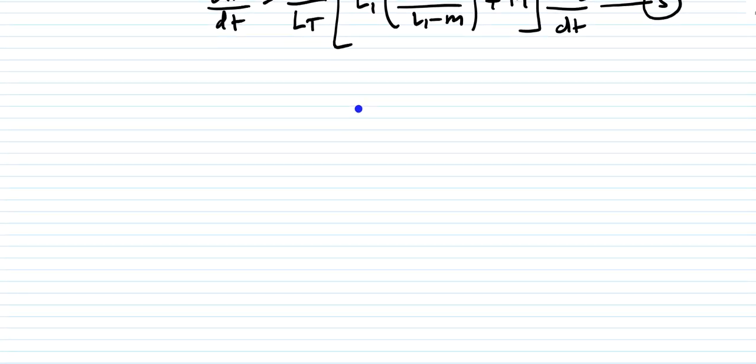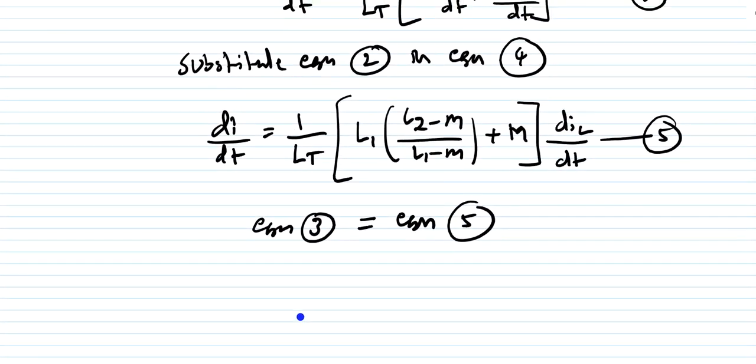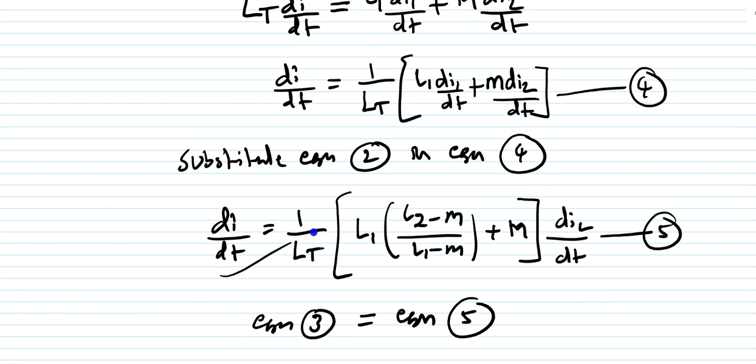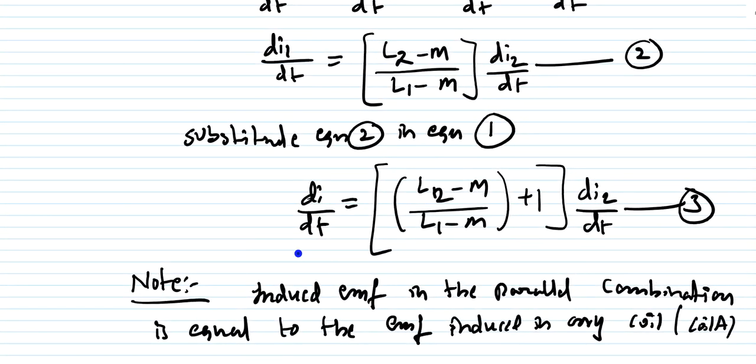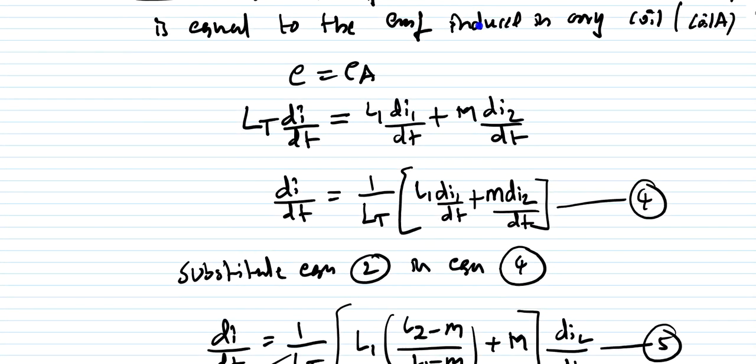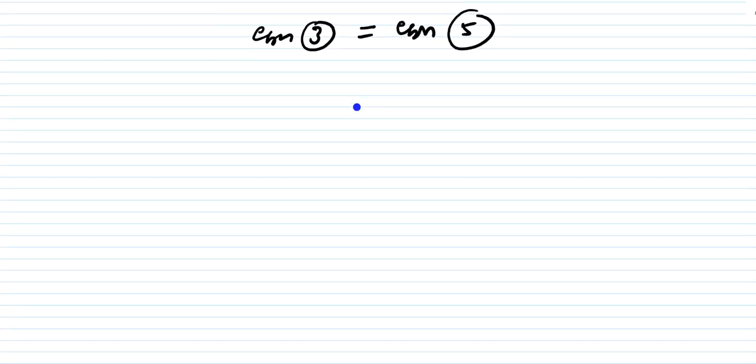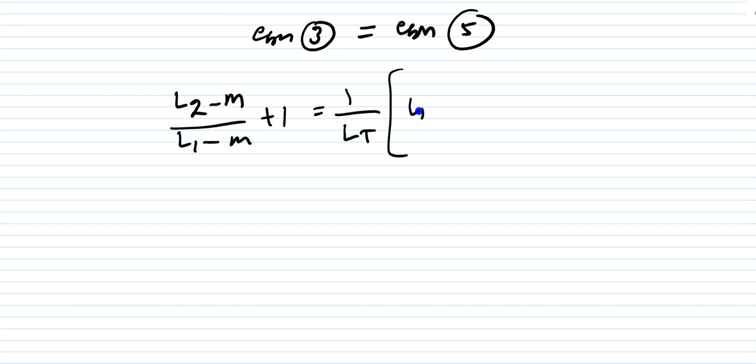Now if you see this, equation 3 is equal to equation 5. This is di by dt and this is also di by dt. So you can make these two terms equal to each other. You do that, and (L2 minus M) by (L1 minus M) plus 1 is equal to 1 by Lt, and again L1 into (L2 minus M) by (L1 minus M) plus M. This is what we are going to get.